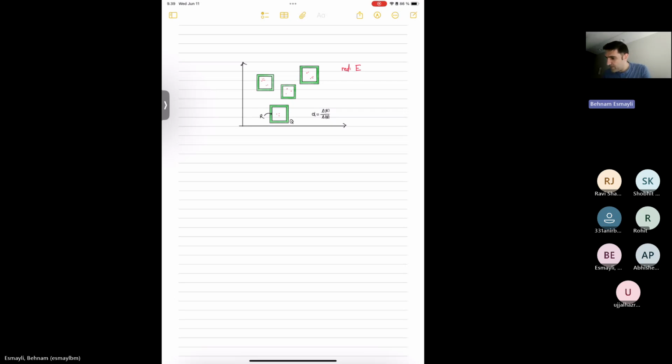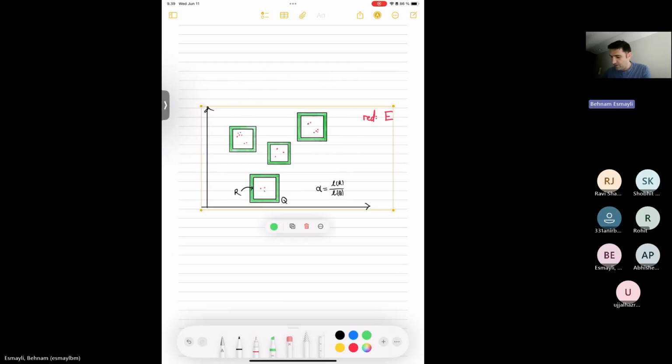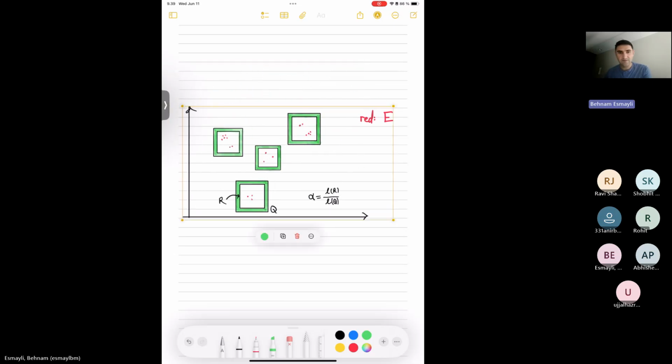So let me maybe zoom this out a little bit for you to see better. Okay, so you have these red dots, which is my to-be removable set.